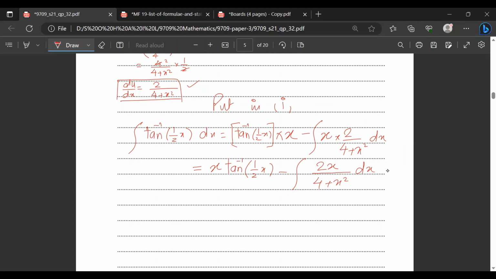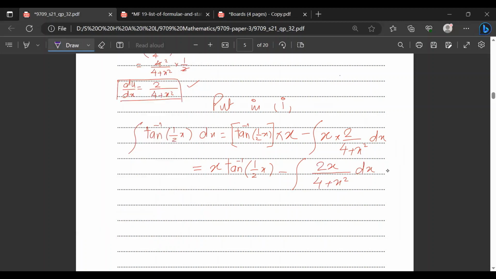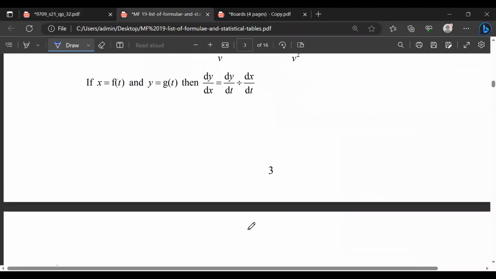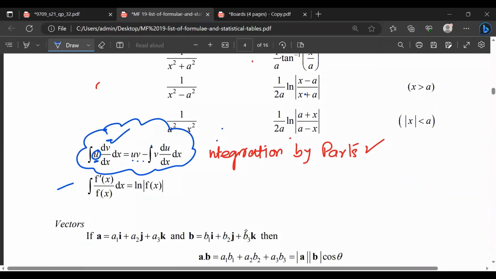So how to integrate this part? 2x over 4 plus x squared. For this case, you can recall the formula which you can find here in your formula sheet: the integral of f dash of x over f of x.